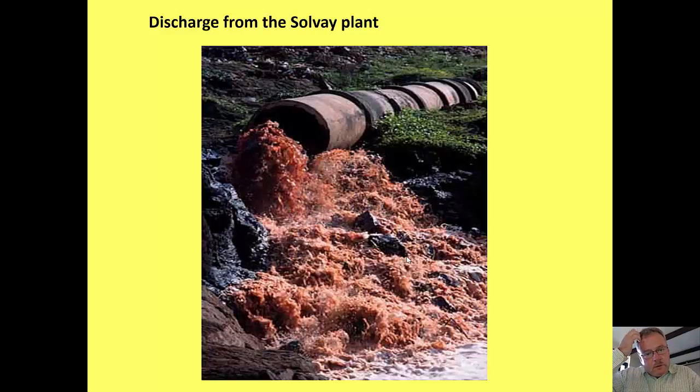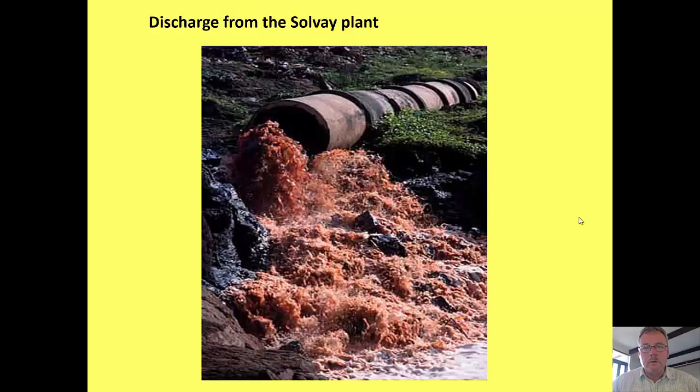You also have your discharges from the plant, which include calcium chloride water that's been used to cool systems down. And you can see there in inland areas this would be quite a problem with fresh water for triggering issues like turbidity and eutrophication.